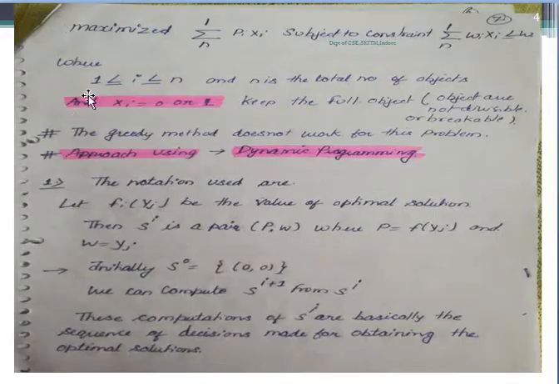In simple words, the profit sum of PiXi, for i from 1 to n objects, should be maximized, subject to the constraint that the weight sum should be less than or equal to the knapsack capacity W. One more constraint is there: the objects are from 1 to n, where n is the total number of objects, and the value Xi can be 0 or 1.